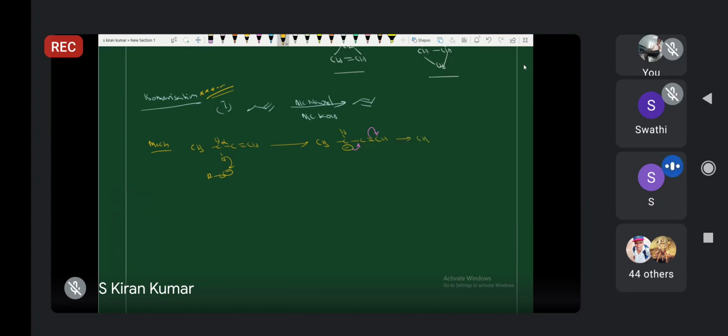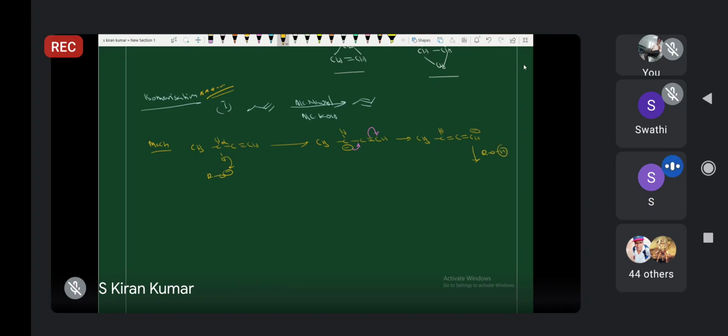CH3 CH double bond C, then again double bond CH minus, with a negative charge. Now the proton reacts with the alkoxide ion and it forms alcohol. Now the alcohol donates the proton to the CH minus.